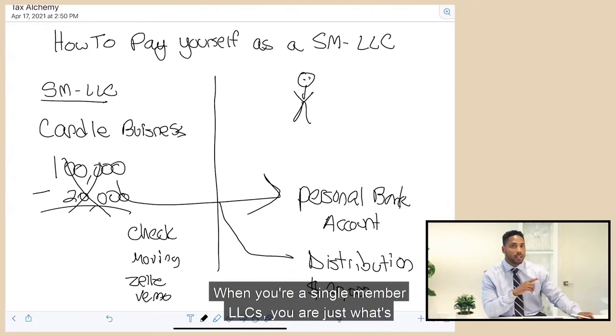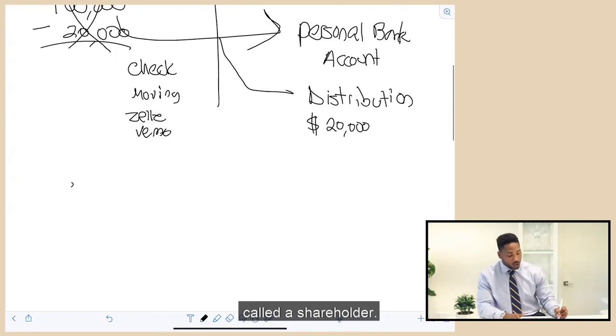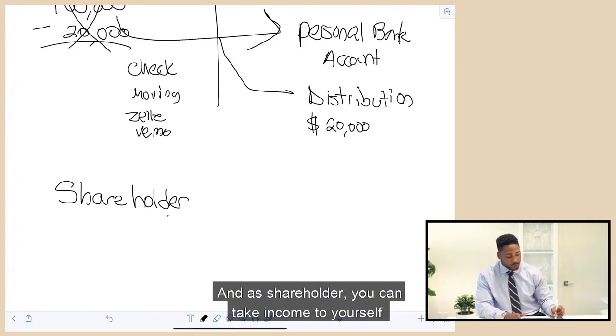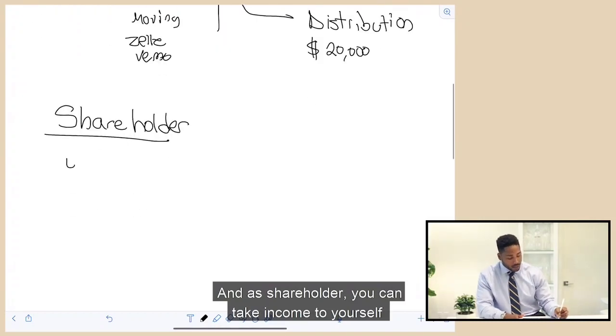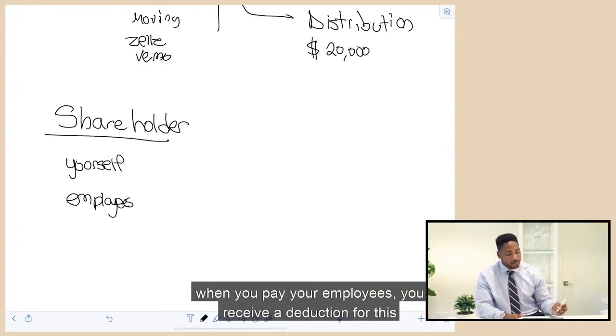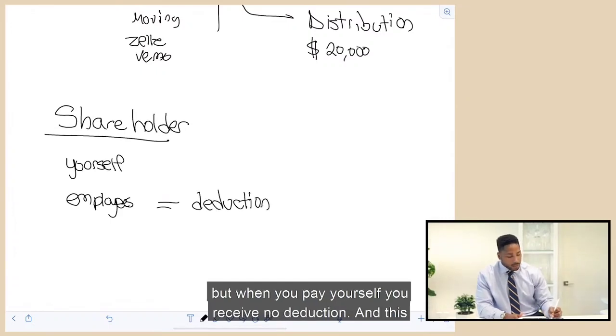When you're a single member LLC, you are just what's called a shareholder. And as a shareholder, you can take income to yourself and you can also pay your employees. However, when you pay your employees, you receive a deduction for this. But when you pay yourself, you receive no deduction.